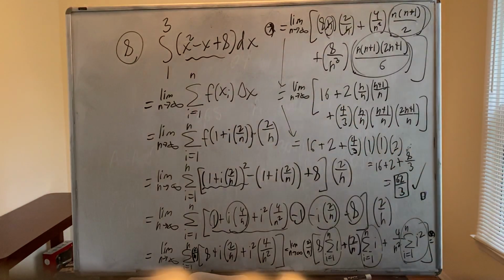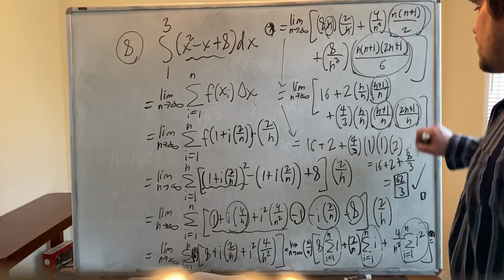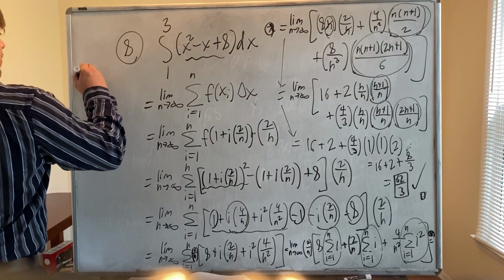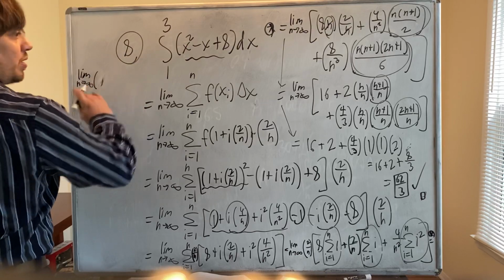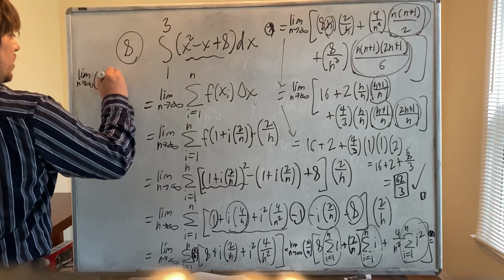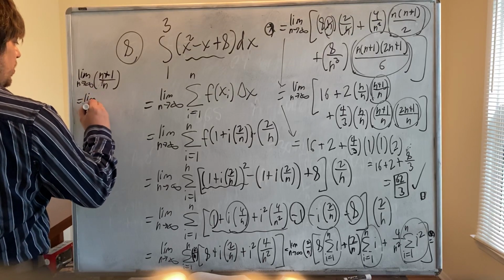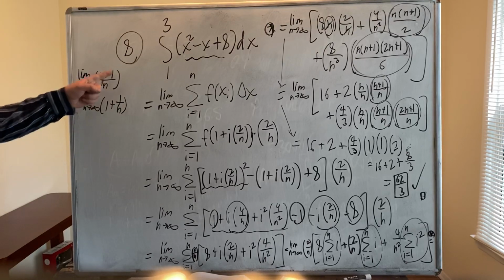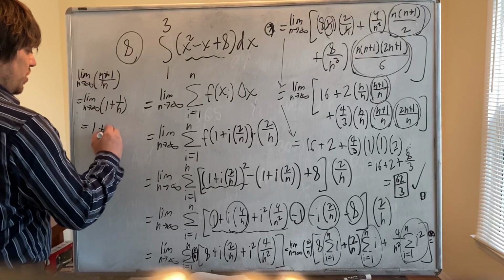And here, when you took the limit, I took the limit of this guy, and I took the limit of that guy. The limit of those things, right? If you take the limit as n approaches infinity of n plus 1 over n, that's the same as the limit as n approaches infinity of 1 plus 1 over n. Now the limit of 1 plus 1 over n is 1 plus 0, which is 1.